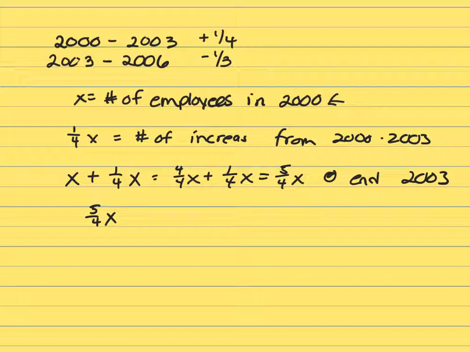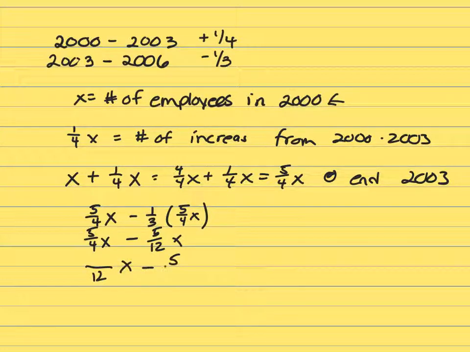and what happens from 2003 to 2006, there was a decrease. So minus 1/3 times however many employees you have, which is 5/4 X. So that's 5/4 X minus 5/12 X. And I'm going to get a common denominator of 12.